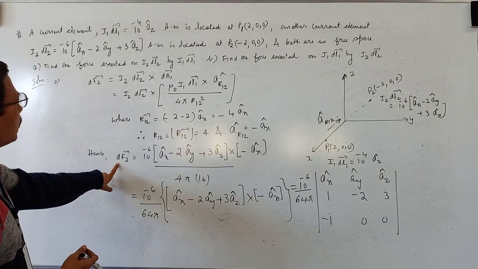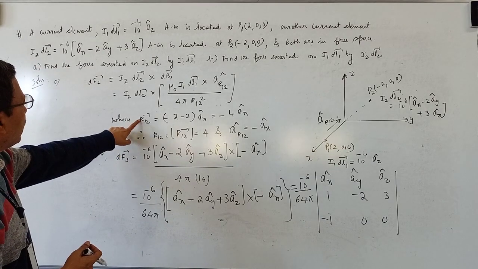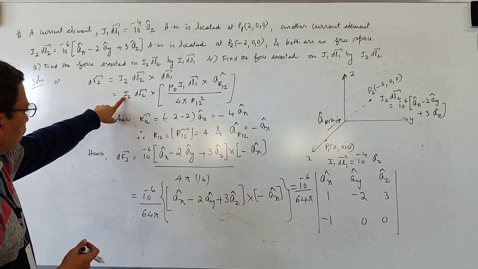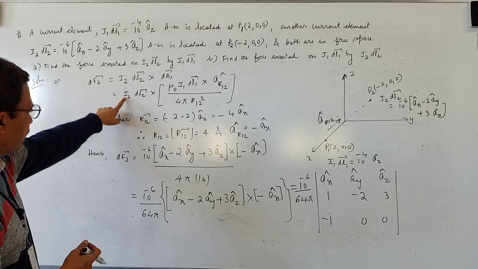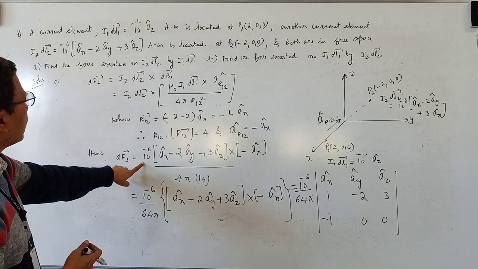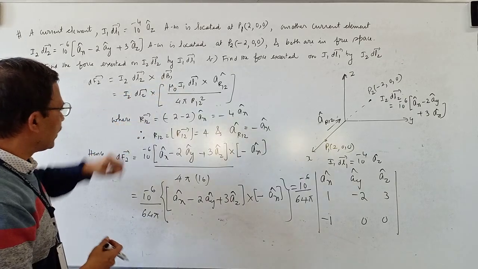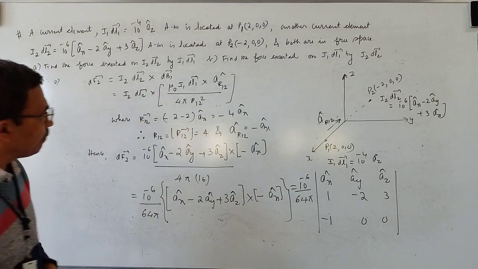So the answer will be, if you simplify this, vector dF2 is R12 from dl1 to dl2, I2 dl2 is written here, and vector dB1 from I1 dl1. A small mistake is done.